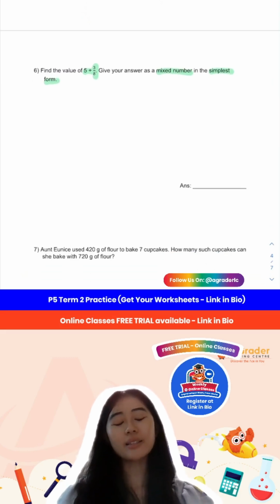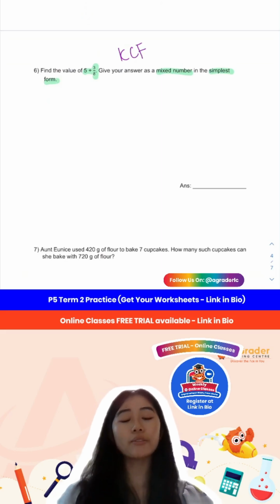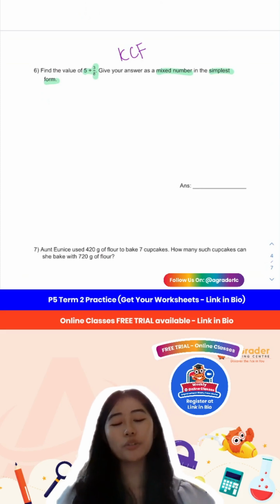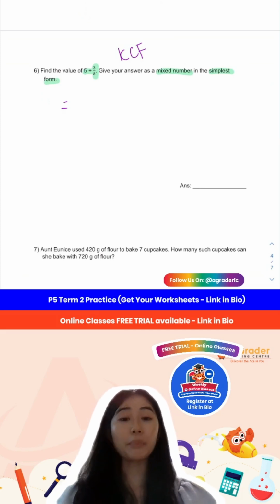Right, let's look at this. We're doing a division of fractions question, which means that you need to use this KCF concept, right? You should have learned this in school. KCF stands for keep, change, flip. Okay, so yes, Jean, that's correct. Keep refers to you keep the first number the same.